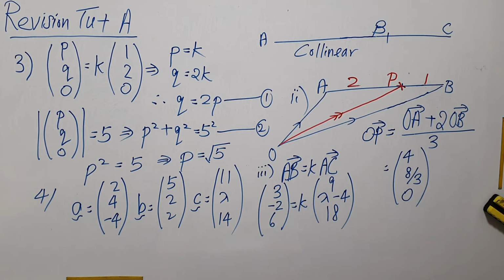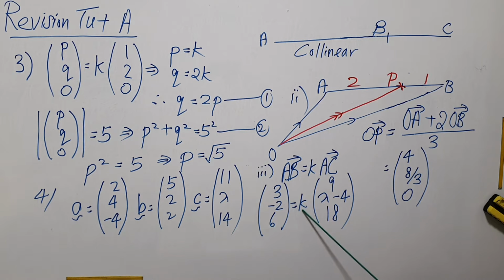So judging from here, this number k has to be how much? Now look, 3 must give you k times 9 and 6 must give you k times 18. So that suggests to me that k has to be 1/3.